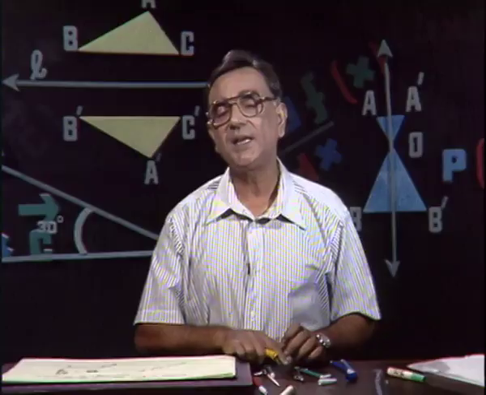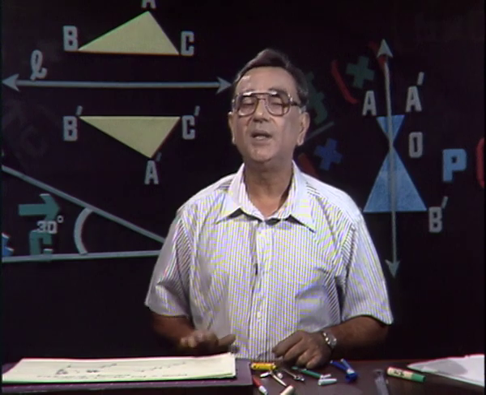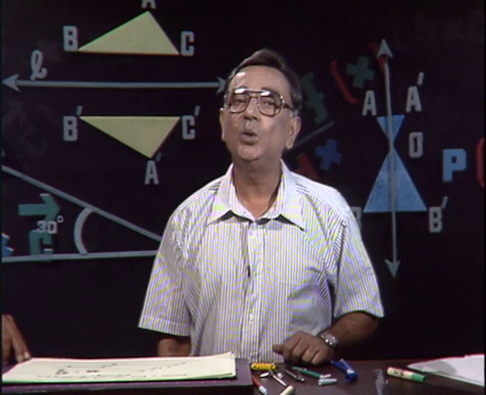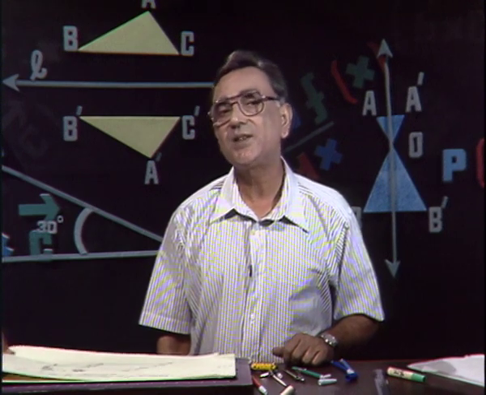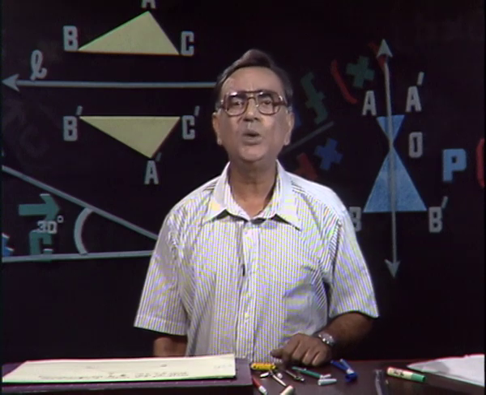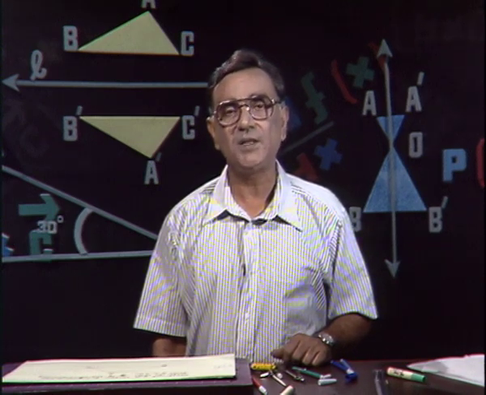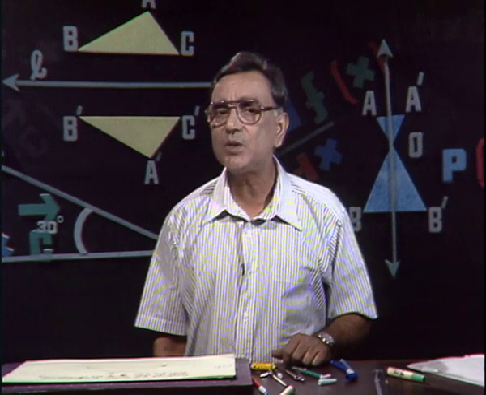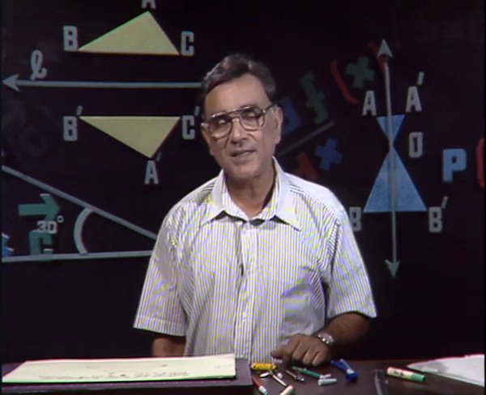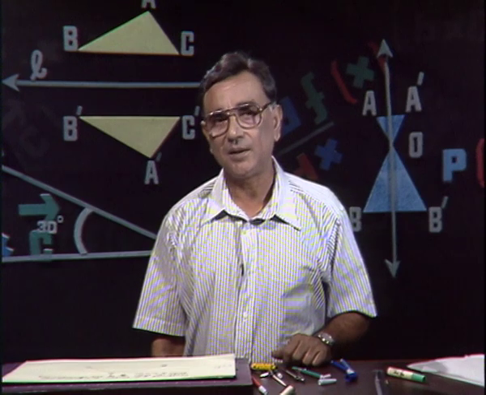So, this is once again how we make use of the similarity and the basic proportionality theorem to divide a line segment externally in a particular ratio. But it is not only the line segments which are to be divided. At times we have to draw a triangle which is smaller in size to that of a given triangle.